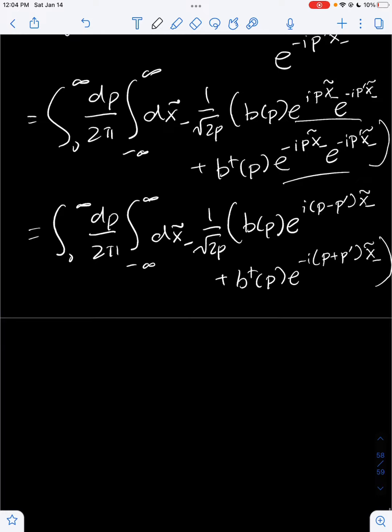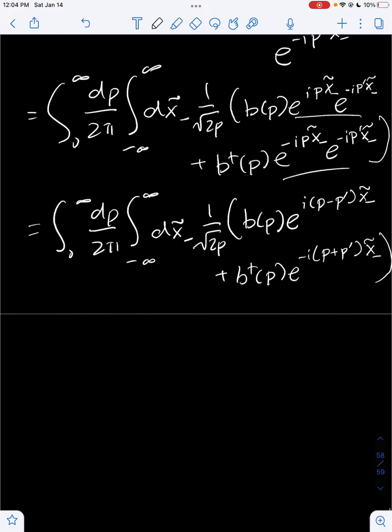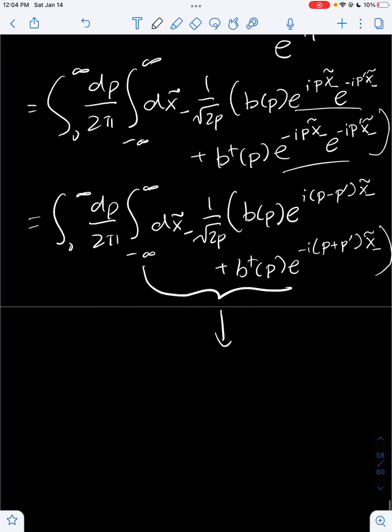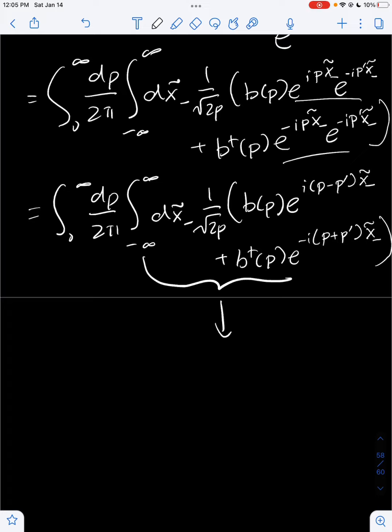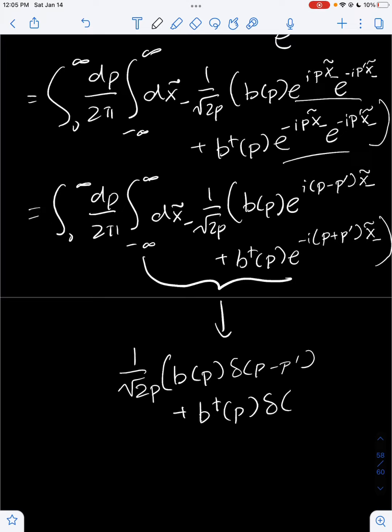All right. So all we have to do now is explicitly integrate this over x. And the answer to this part over here is going to be, I hope that you guys can see this, 1 over square root of 2p b of p delta of p minus p prime, and then plus b conjugate p delta of p plus p prime. And then the integral from 0 to infinity of dp over 2 pi of this whole thing.